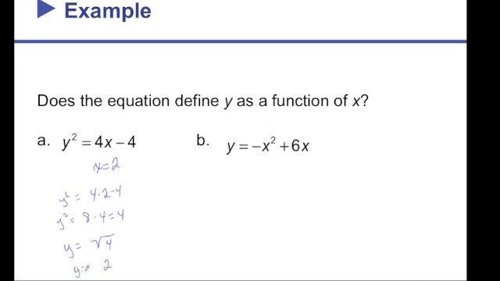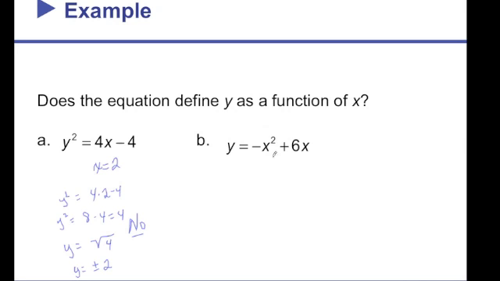However, 2 times 2 will be 4, but also negative 2 times negative 2. So this would be plus or minus 2. So we found out for this 1 x, there are two different y's. So does it define a function?